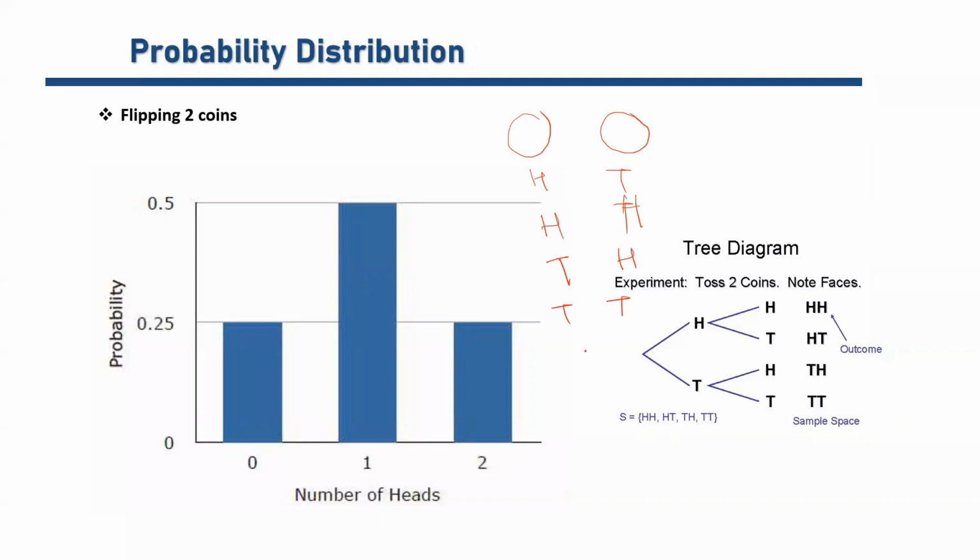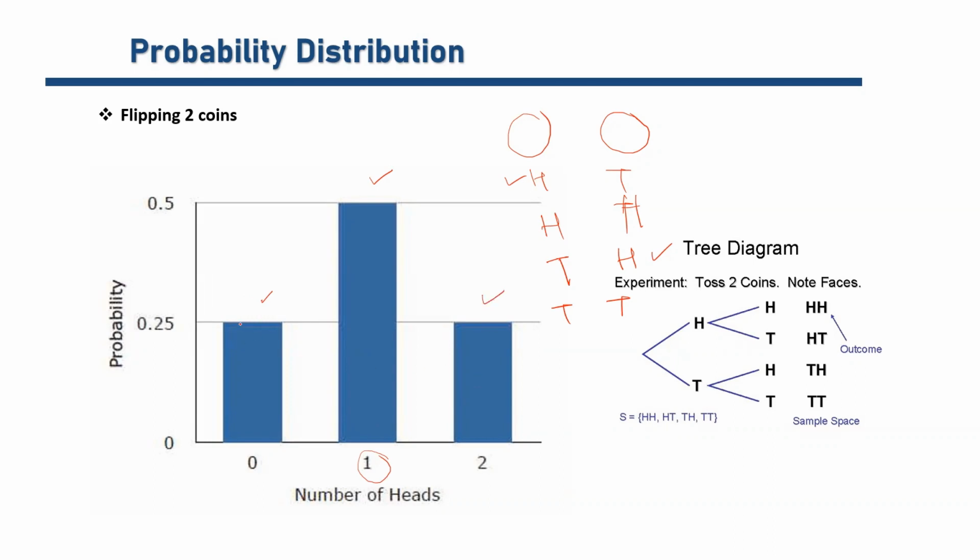So you can see the probability of getting one head is 0.5. Getting no head is 0.25, and getting 2 heads is also 0.25.